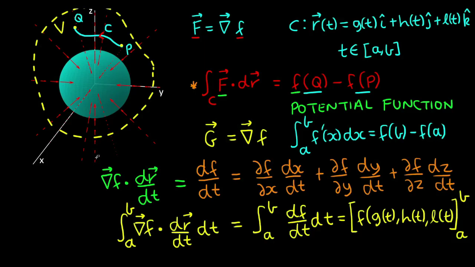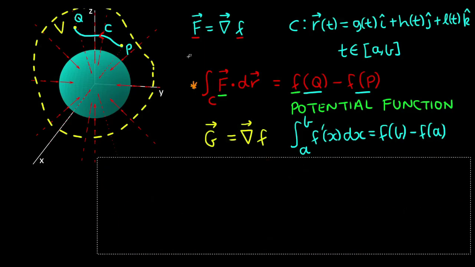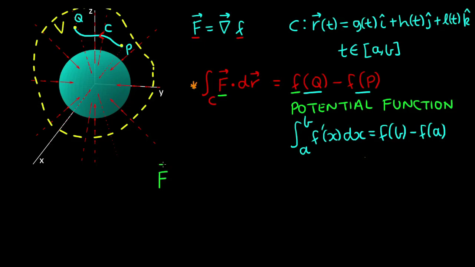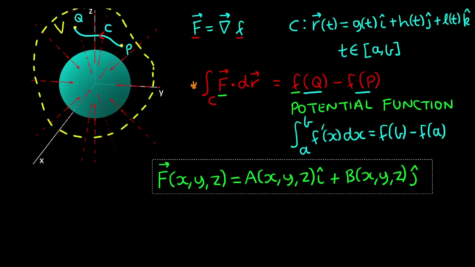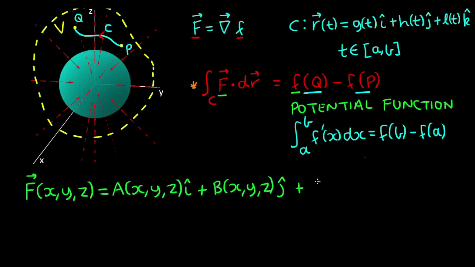Now let's make a bit of room here. So generally, given a vector field defined in 3D space, so that has a component of x, y, and z in the i direction, plus another component of x, y, and z in the j direction, plus another component function of x, y, and z in the k direction.